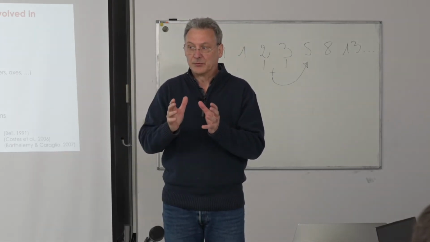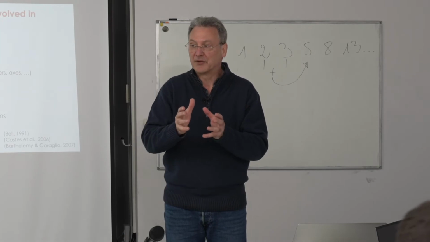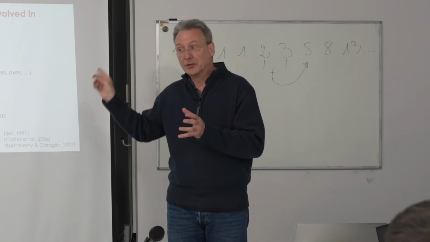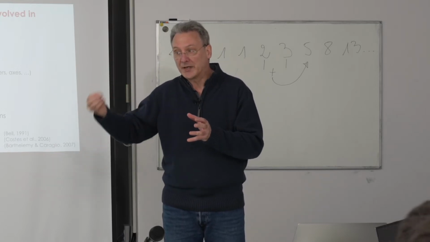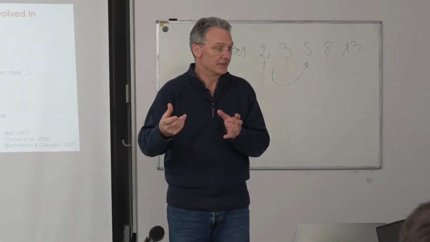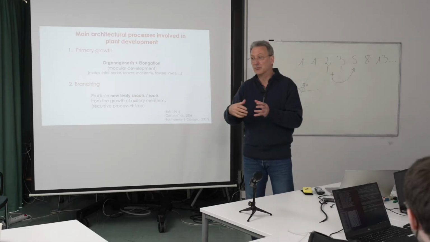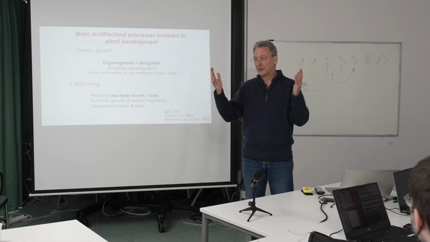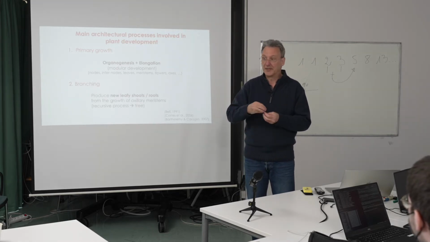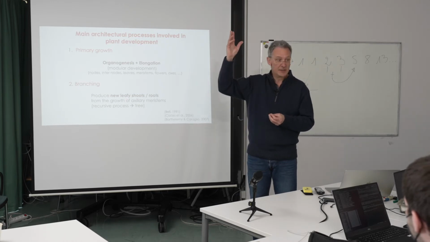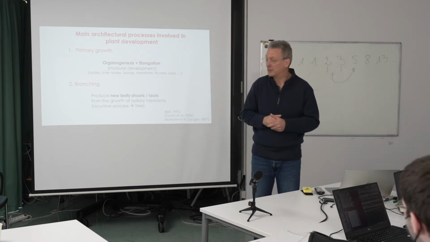It's not what will be of first interest to us, but what we can learn from this is different ways we can build up the architecture of a plant. Paying attention, for instance, to whether the branches are oriented upwards, whether the plants make a terminal flower, whether they grow indefinitely, this type of notion.